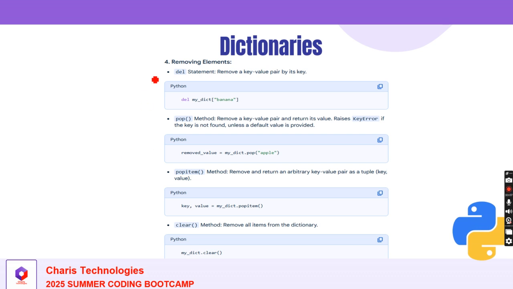Okay, you can remove elements in the dictionary using the del statement. So it removes a key value pair by its key. We just enter the key and then it removes it.